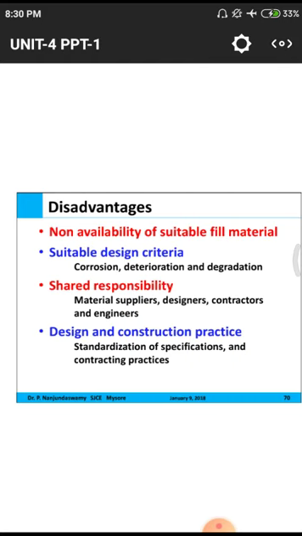Deterioration means a large volume of mass is converted into a small volume of mass. And degradation also. Degradation means day by day small particles are moving away from the structure. Next one, shared responsibility.